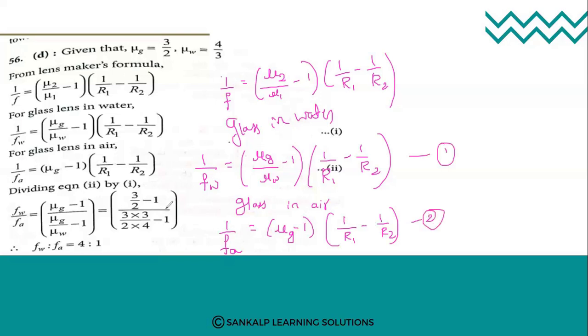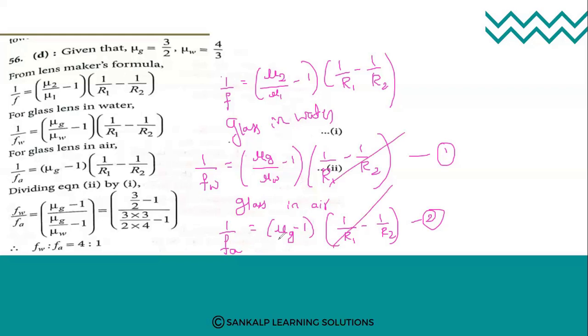So dividing equation 2 by equation 1, you can see that the 1/R1 minus 1/R2 terms will get cancelled when you take the ratio.